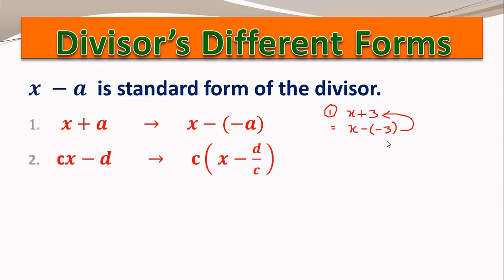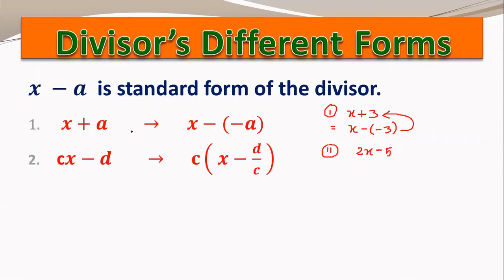The next form is the cx minus d form. To clarify it further, I would like to give you one example. Suppose we have the divisor 2x minus 5. This seems like the cx minus d form. We discussed before that our divisors should always be in the standard form, where the coefficient of x is 1.